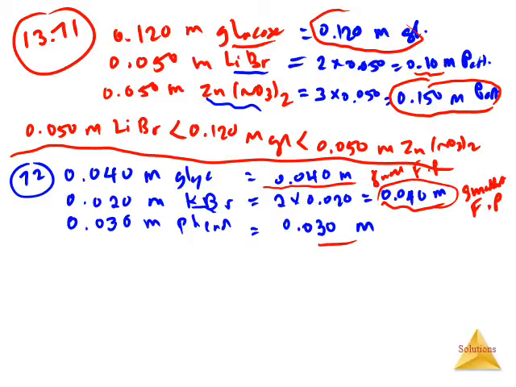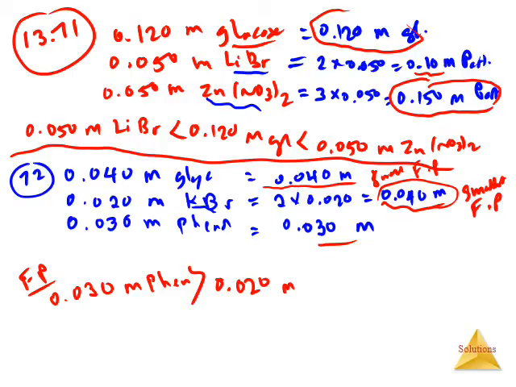So I'm going to write down that the freezing point order would be 0.030 molal phenol greater than 0.020 molal KBr, which is greater, that's equal to, I'm sorry, it's not, because those two numbers are the same, 0.040, 0.040, equal to 0.040 molal glycerin.